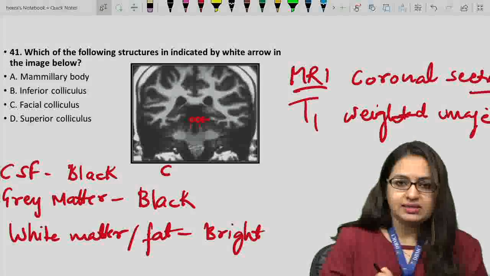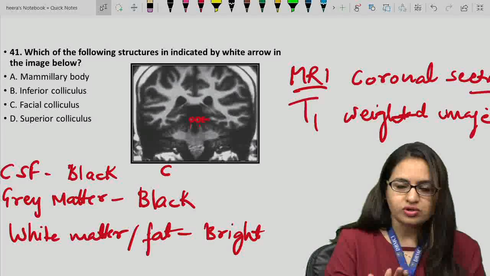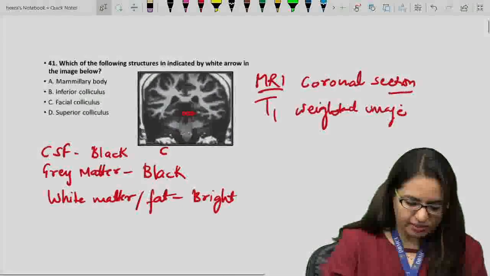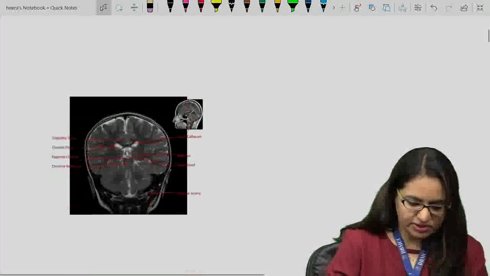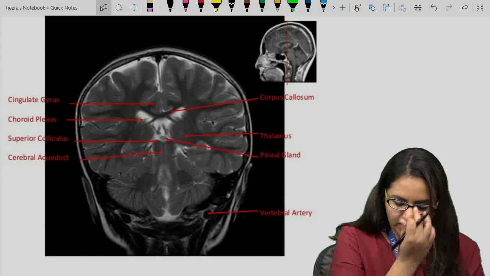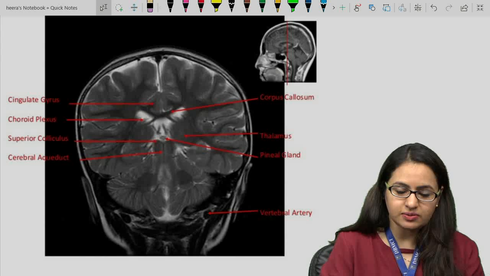So as to visualize the pineal body or the superior colliculi, a more rostral coronal plane is to be taken. In this coronal plane we can visualize the superior colliculi as well as the pineal body.